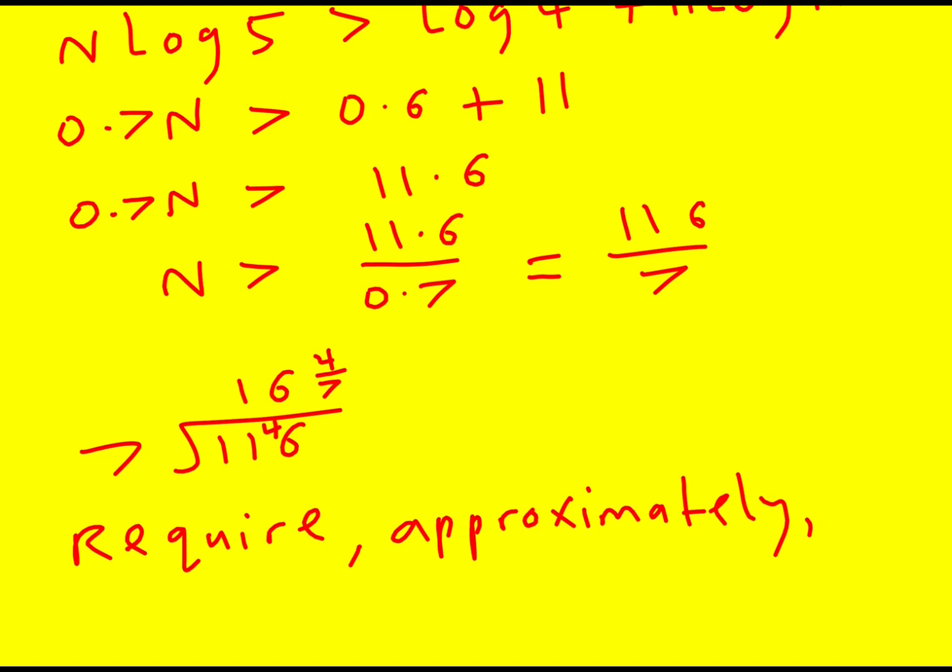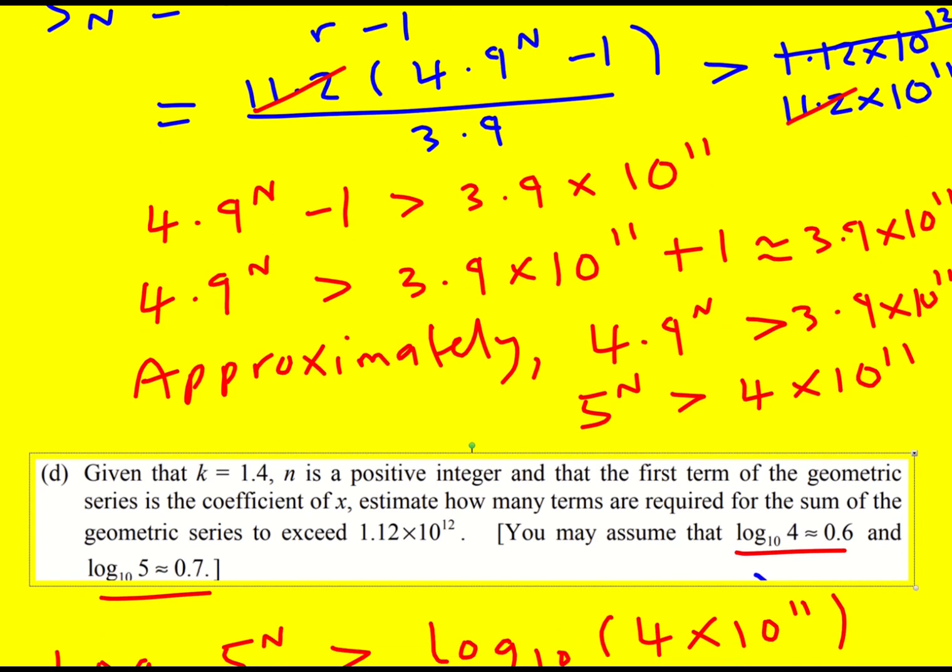So we require approximately n bigger than 16. So n equals 17 is the smallest number of terms.